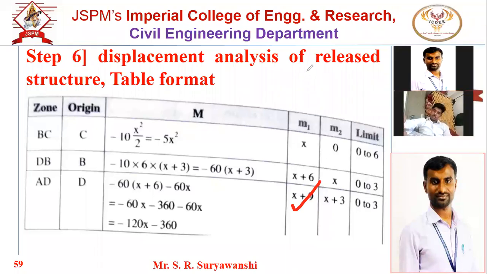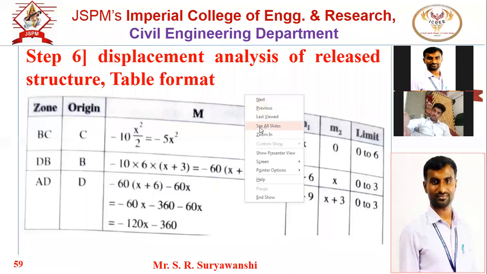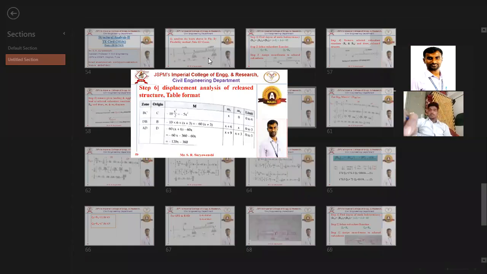Sir, if it is anti-clockwise, why are you taking it positive there? As our sign convention is sagging positive. What is sagging positive? Means if we consider, okay, this is our positive. This sign convention we are considering the positive. This is left portion, this is right portion or right section.